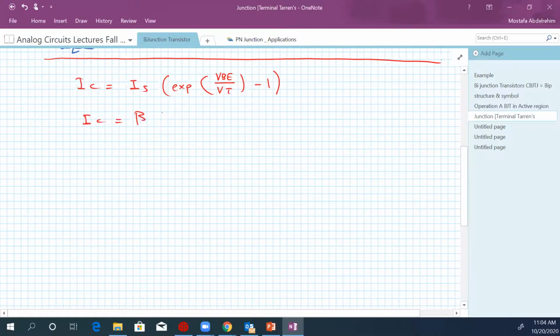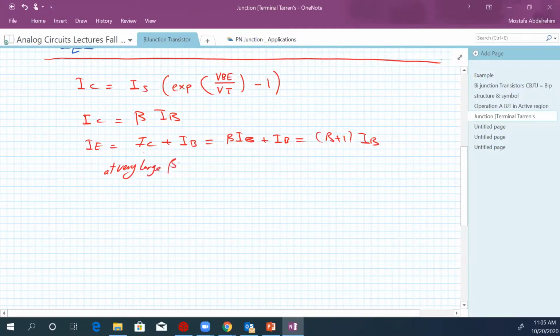IC equals beta IB, and IE equals IC plus IB. Sometimes they substitute IC with beta IB, so IE equals beta plus 1 times IB. And when you have a very large beta, sometimes you just say IE is equal to IC.